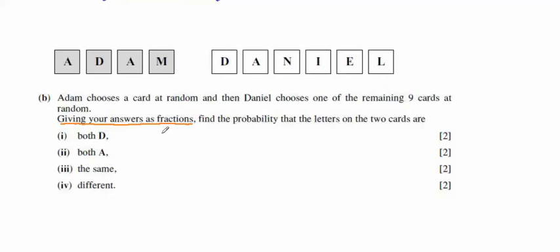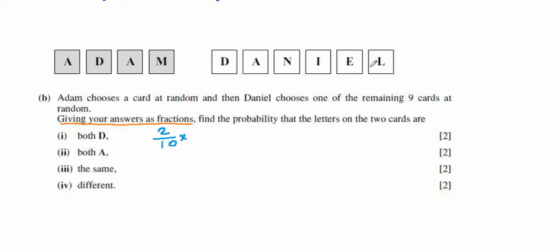So the probability that Adam chooses D is 2 out of the 10 cards, and we multiply by the probability from the remaining 9 cards.